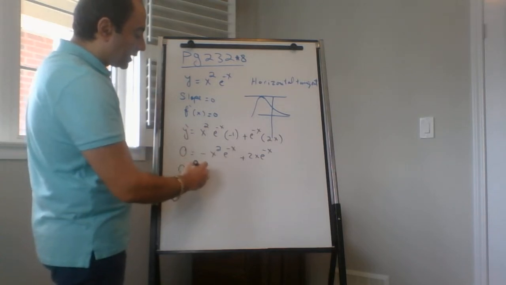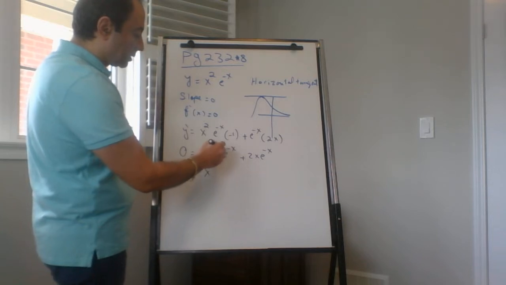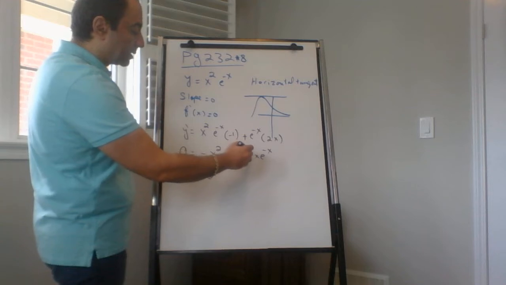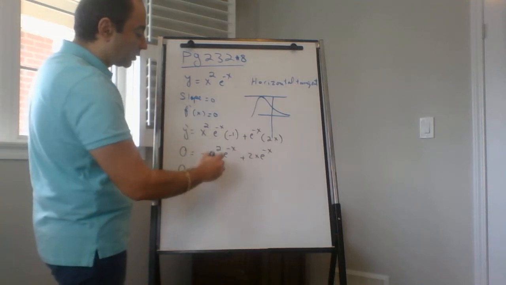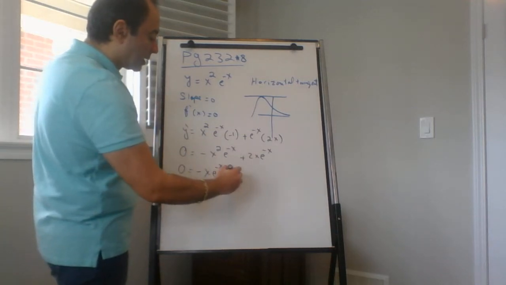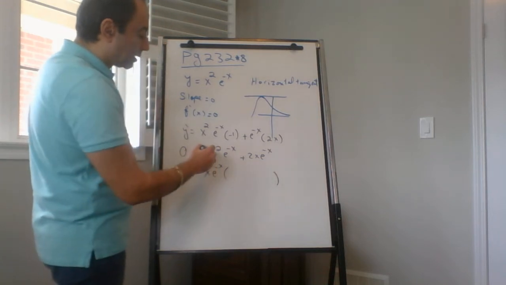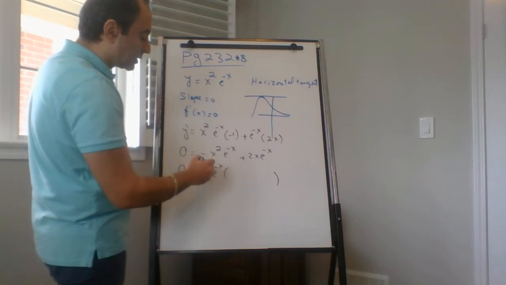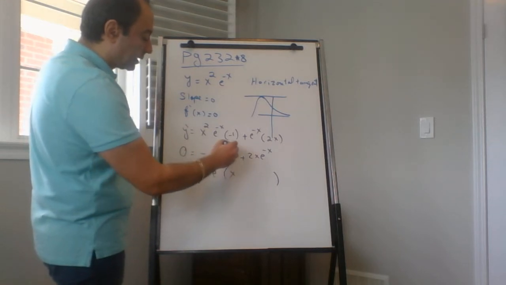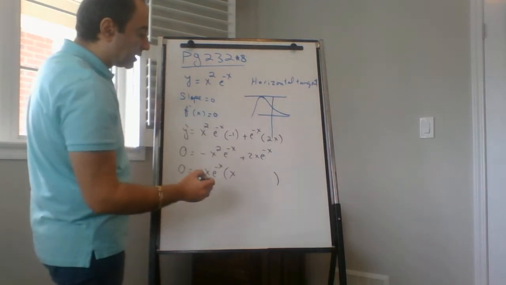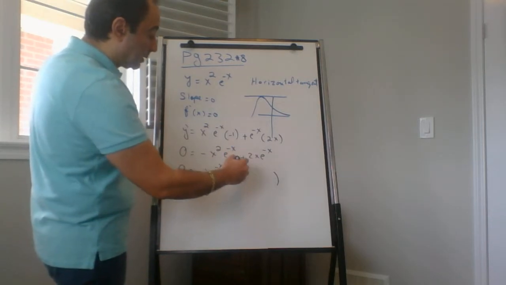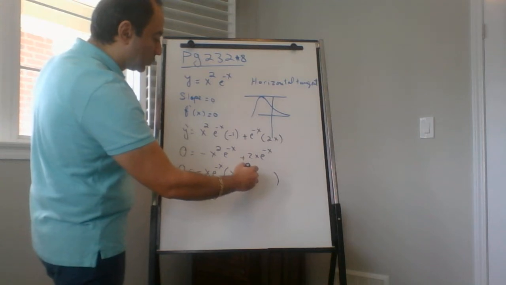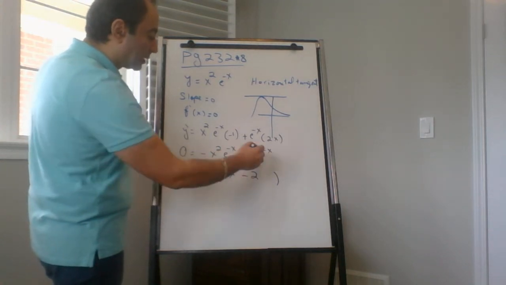If we factor negative x e to the power of negative x out, that leaves inside: negative divided by negative is positive, so x squared divided by x is x. The e to the power of negative x divided by itself is 1. 2x divided by negative x is negative 2. So we have x minus 2, and that's it.